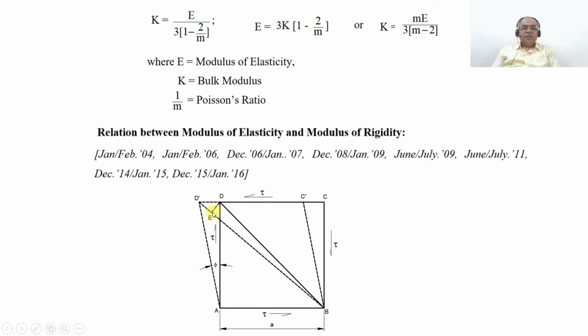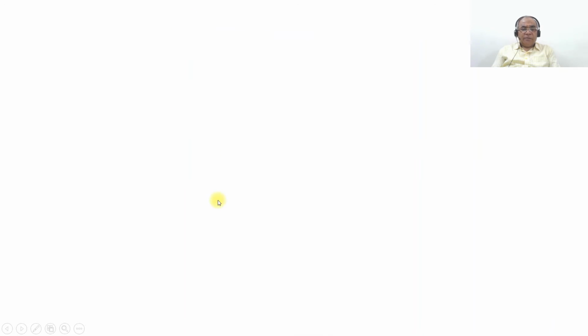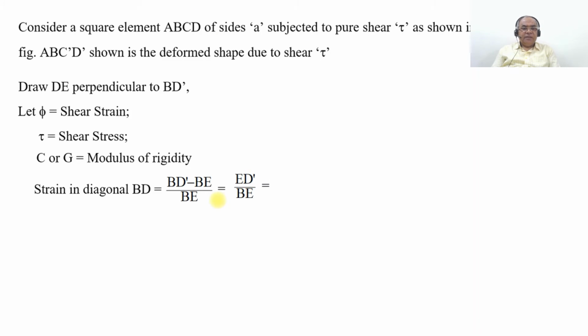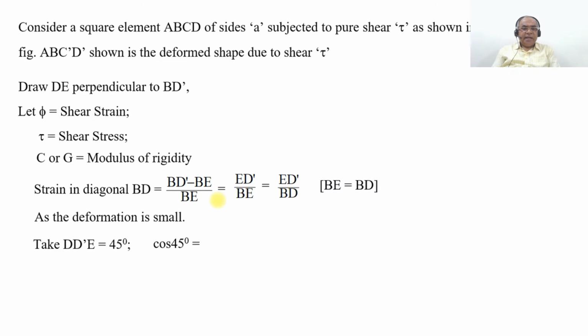What I want is the adjacent side by the hypotenuse, that is D dash E by DD dash. Therefore cos 45 degrees is equal to D dash E by DD dash.